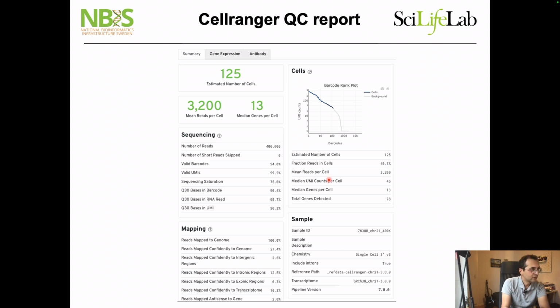Good question. Another piece of information that we can extract from the QC report is the barcode rank plot. I will dive into that further, but the very short version is that it gives us information about the proportion of empty droplets. I will talk about that in a few seconds.